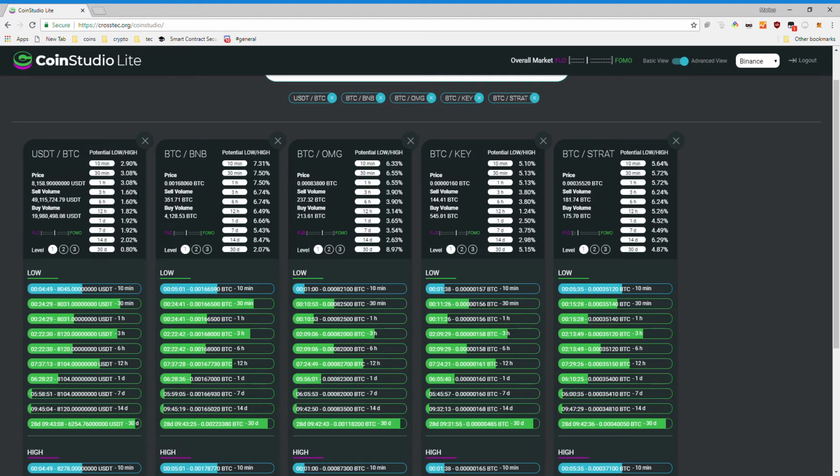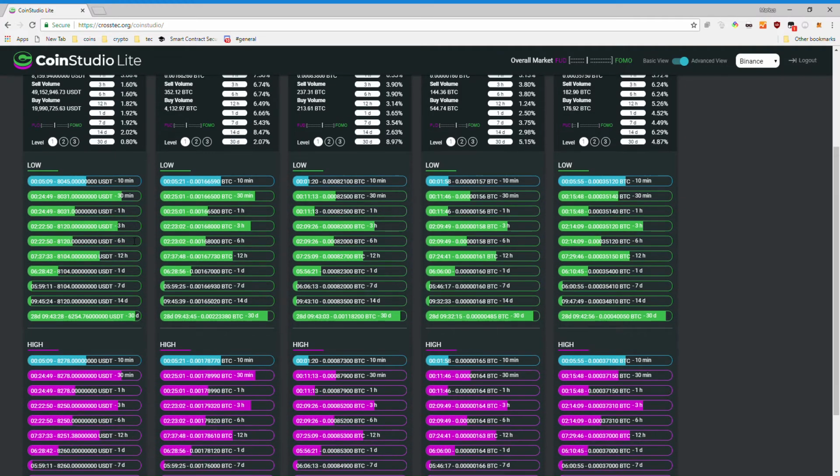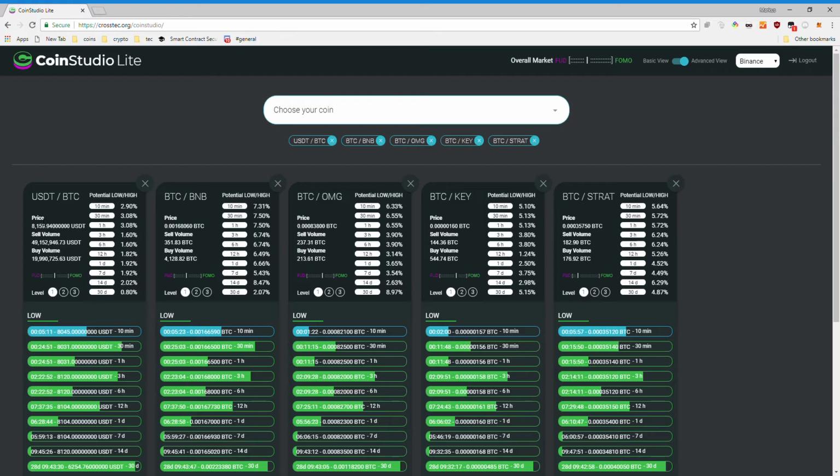Up to 3 hours ago, the potential was probably 1.6%, and up to 7 days ago, it was 1.9%. So you have an overview here of how stable the development of the potential was over the last 30 days.